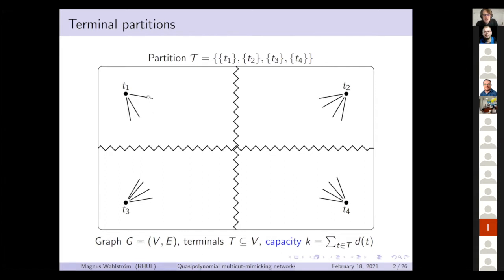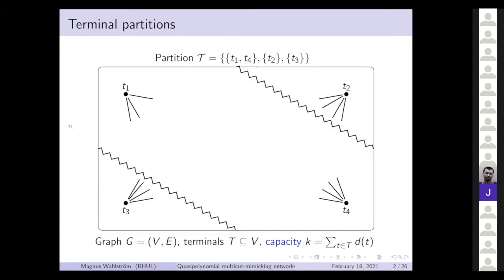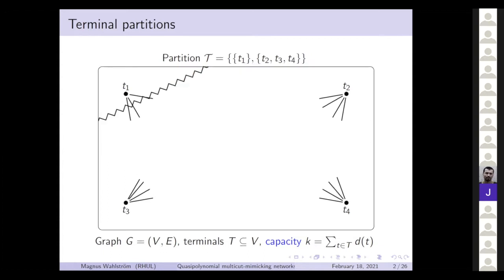Of course that corresponds to a partition of the terminals into 4 sets like this. That's one partition we are interested in, but there could also be any number of other partitions. Maybe this partition is a little bit cheaper because you don't have to cut away quite as much, or an even cheaper partition is just to separate one terminal from all the others, and so on.